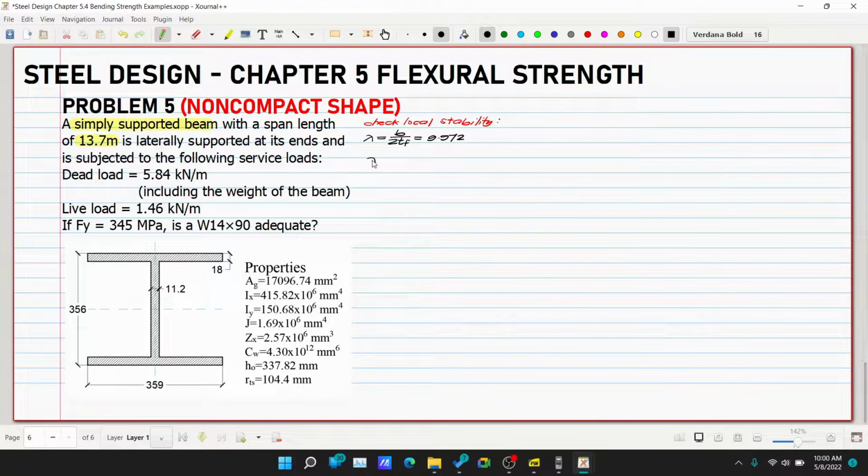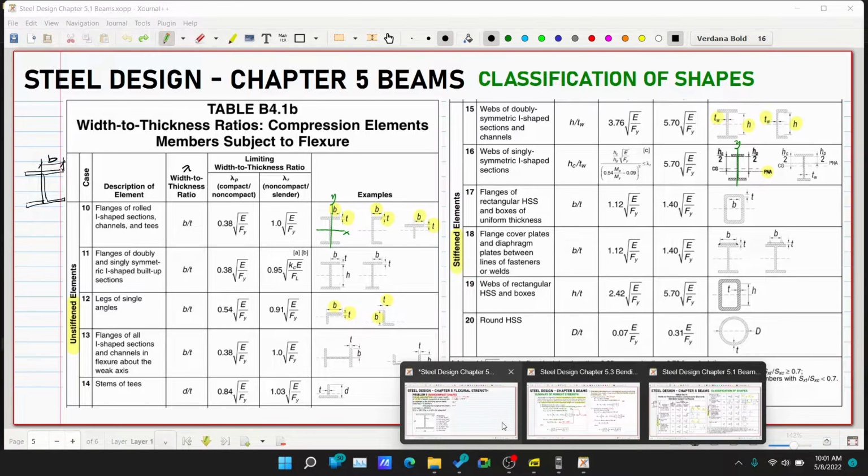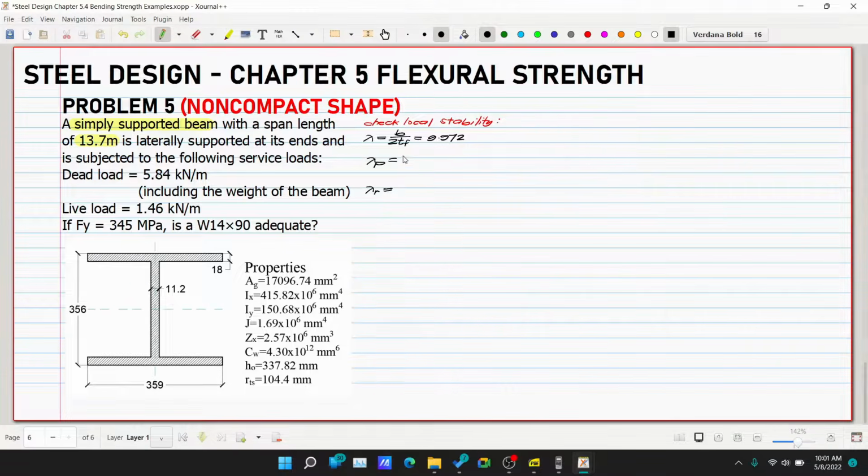Then let's check our lambda p and lambda r. This is our Table B4.1b for width to thickness ratios. So these are our lambda p and lambda r, 0.38 and 1.0. So this is 0.38 square root of E over Fy, and this is equivalent to 1.0 square root of E over Fy.